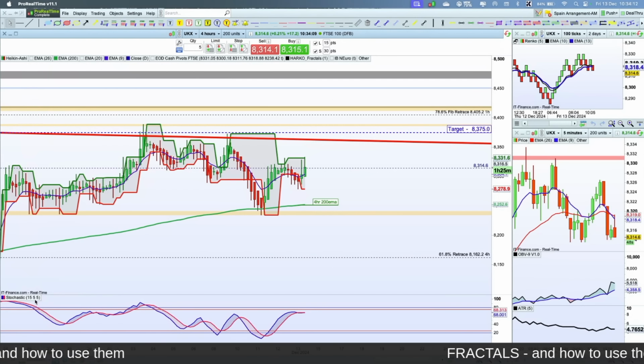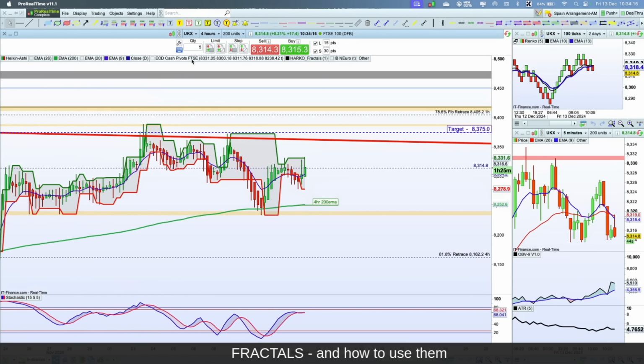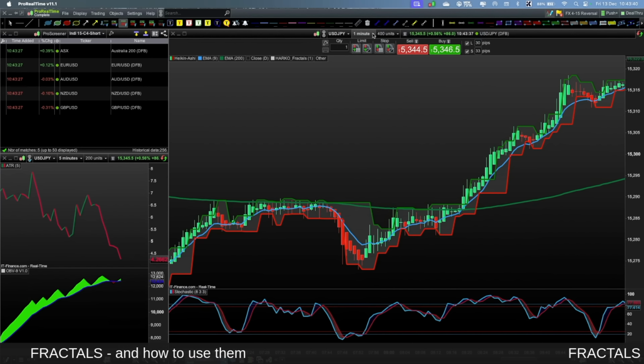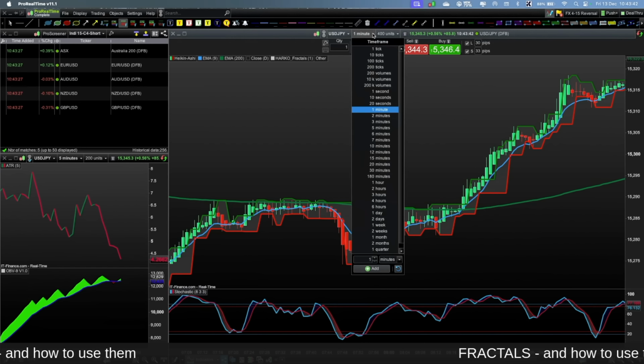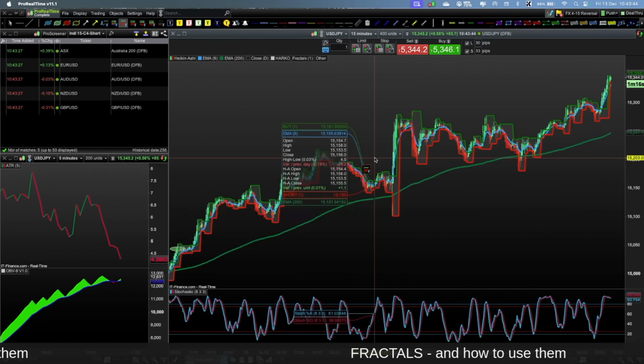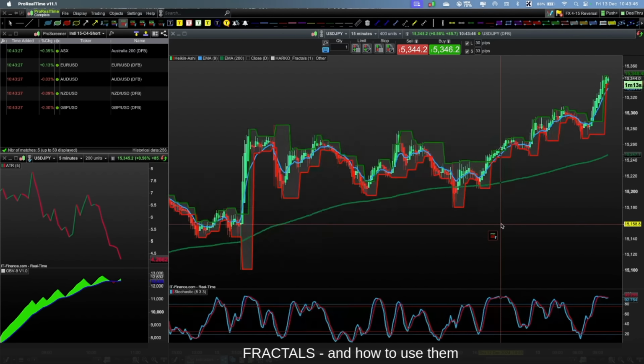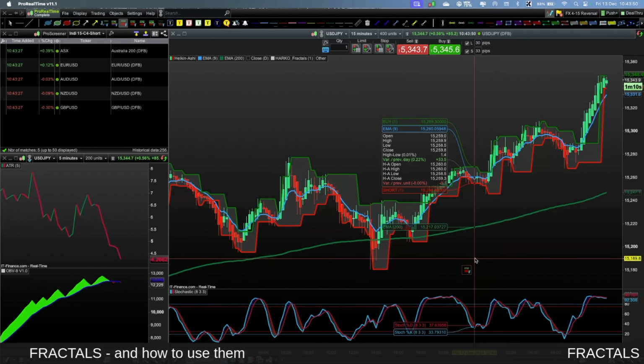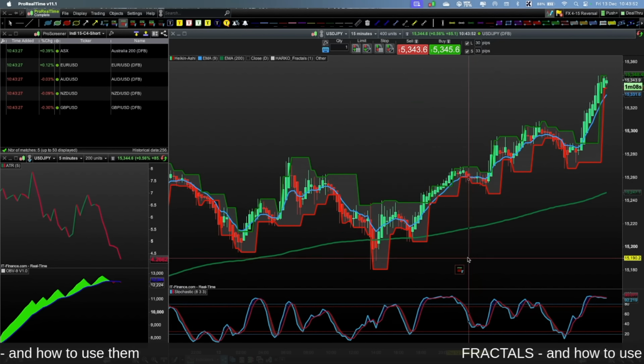And again, the stotch, like it is. Your entry is exactly the same as I explained before. Generally, we like to trade from 1 minute to 15-minute fractals. You can trade larger time periods, but very, very effective using 1, 5, and 15-minute fractals.